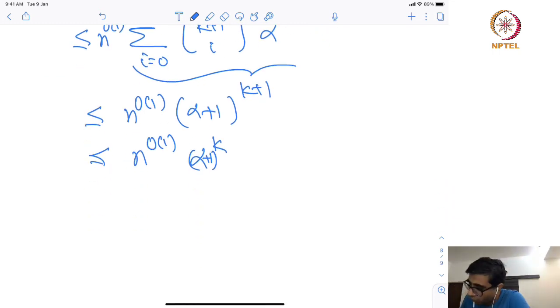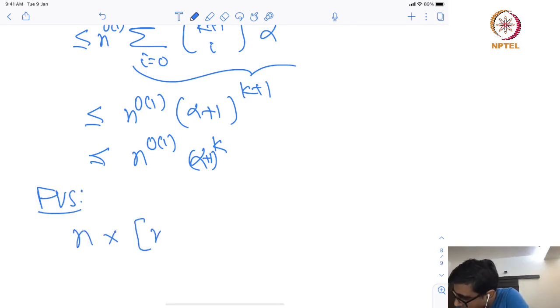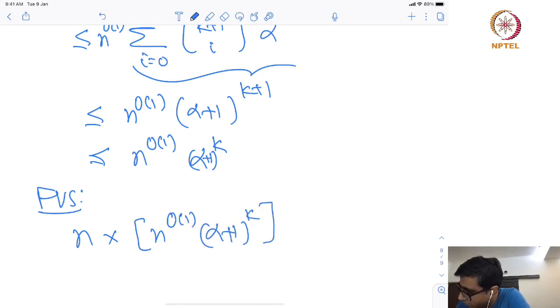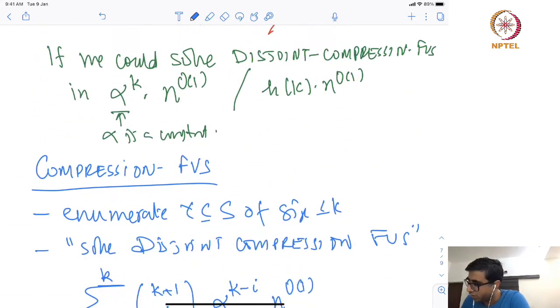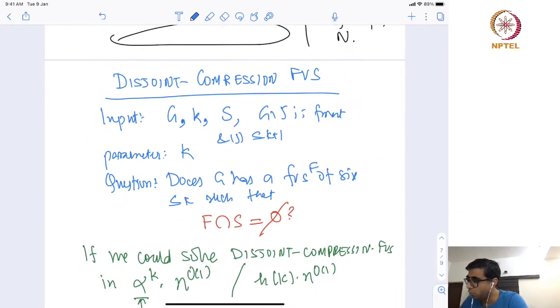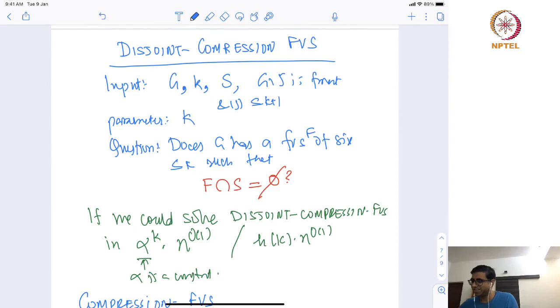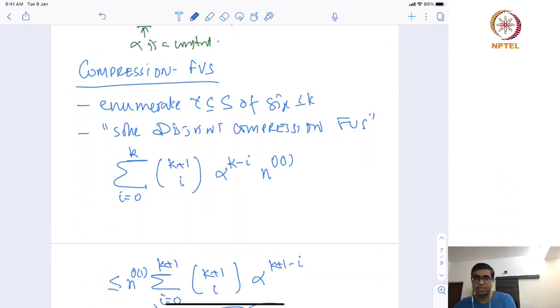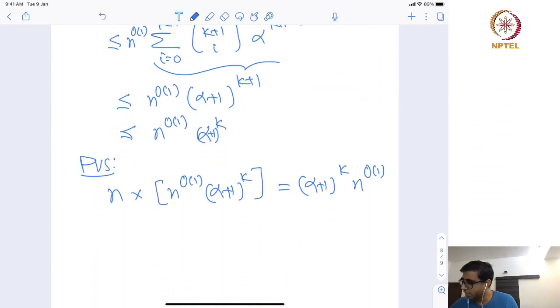Then to solve FVS, what is this? n times n to the power big O of 1, alpha plus 1 to the power k, which is another alpha plus 1 to the power k. So we will just concentrate on how to solve disjoint compression, because the moment we know how to solve it, if we put everything together, you can get it.